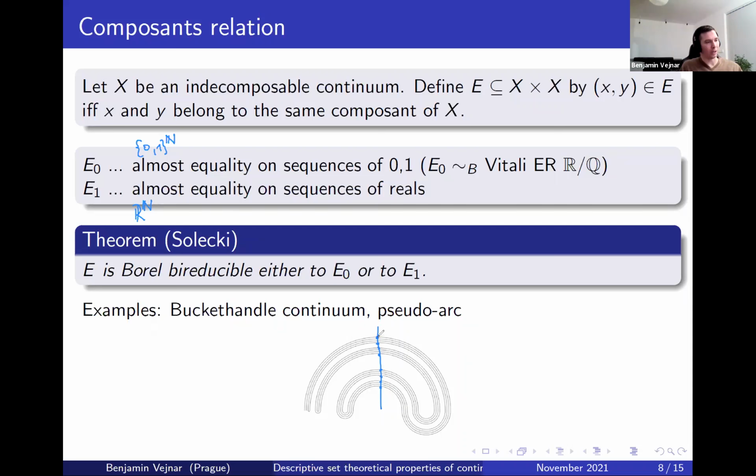Okay, you can find a kind of similarity of this equivalence relation on this Cantor set with this E0.